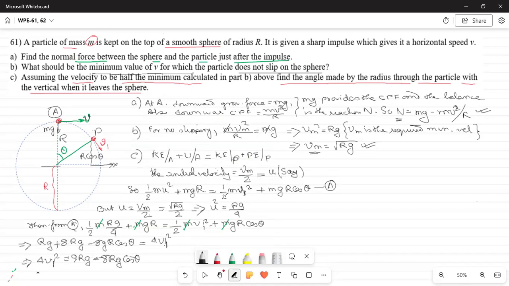From here we get v1 square is equal to Rg upon 4 multiplied by 9 minus 8 cos theta, right? So say this is equation B.